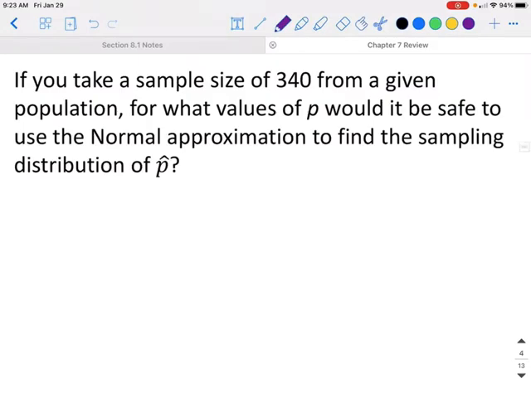If you take a sample size of 340 from a given population, for what values of p would it be safe to use a normal approximation to find the sampling distribution of p-hat? Now, for this normal approximation, remember n times p must be greater than or equal to 10, and n times 1 minus p must be greater than or equal to 10.